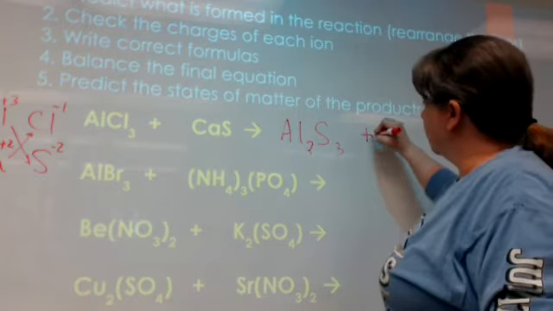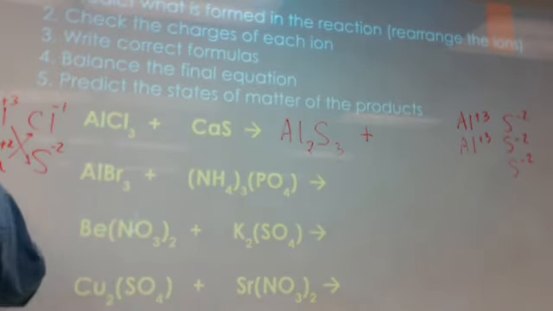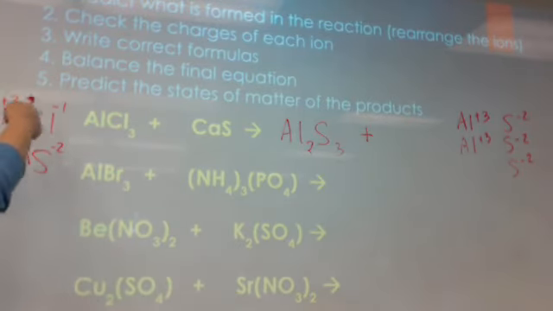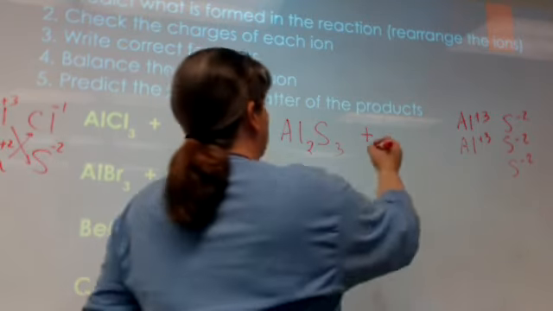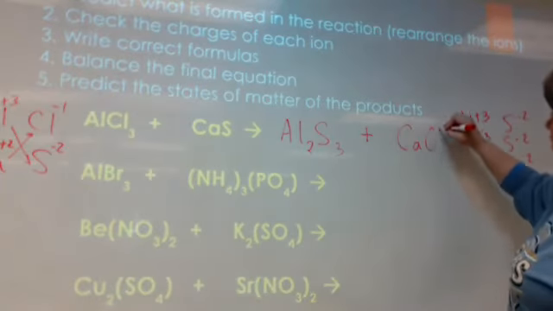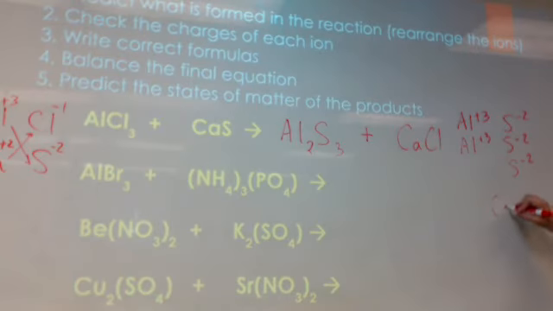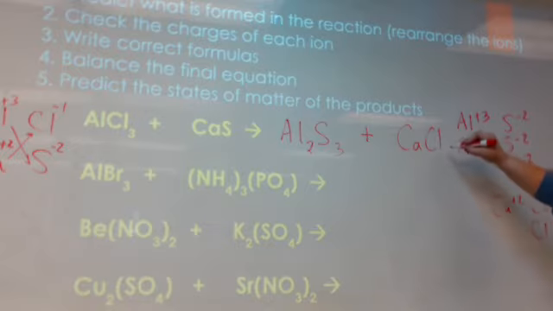Our other product is the calcium ion, positive first, combining with the chlorine. And again, because calcium is +2 and Cl is -1, this time it's going to take 2 chlorines to balance out the 1 calcium.